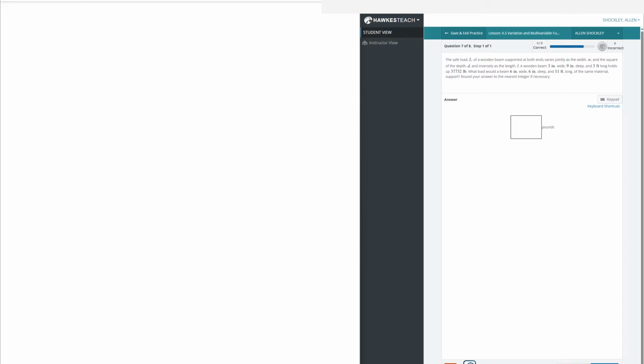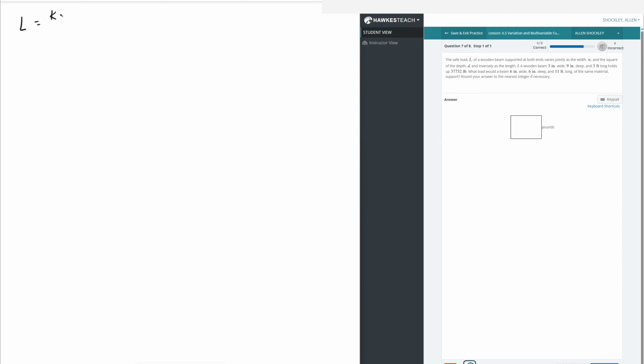And on to the next. This one is a long one. I will freely admit that the variation section takes a hot minute. So the safe load, capital L, supported at both ends, varies jointly.